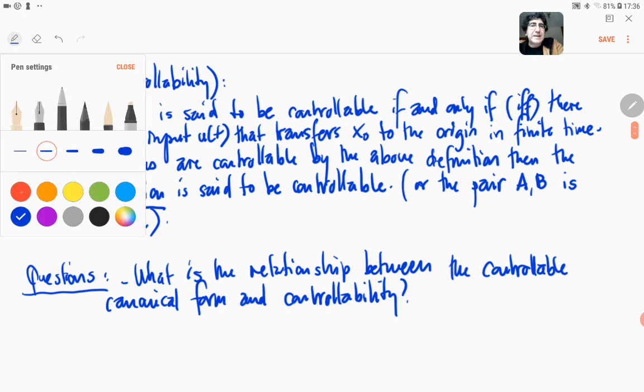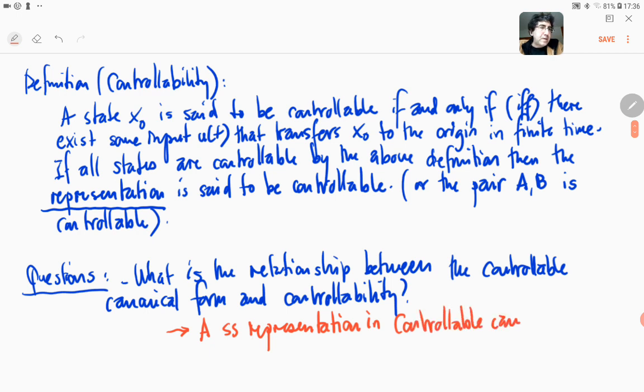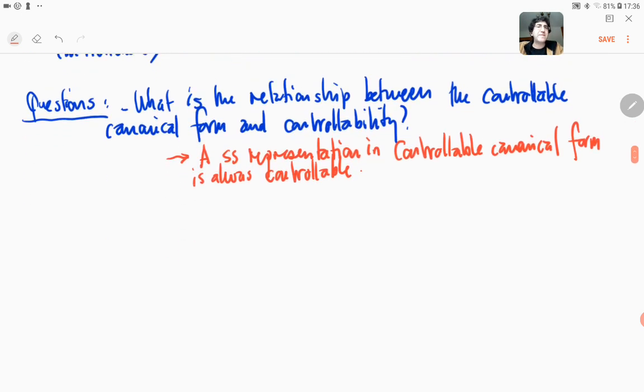And the answer to that is that in fact a state space representation in controllable canonical form is always controllable. Okay, and later on we will in fact prove this.